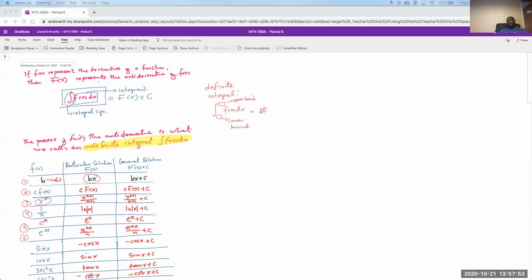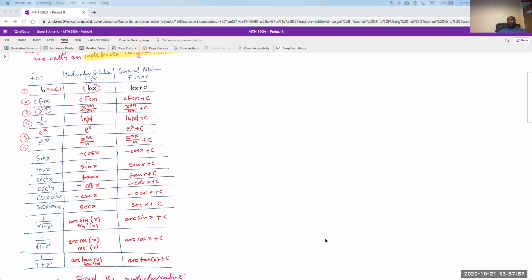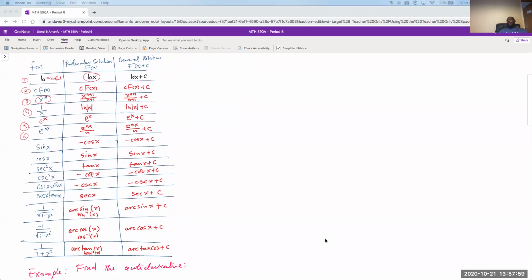So your goal here is, can you recognize all these trig derivatives and be able to say, okay, if I'm looking at sine x as the derivative, then where did it come from? Well, it came from negative cosine, because the derivative of cosine is what?